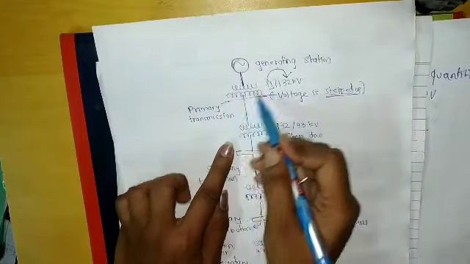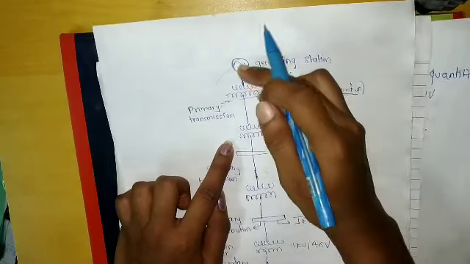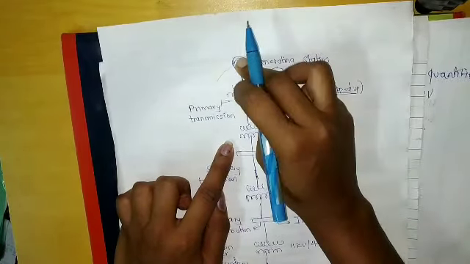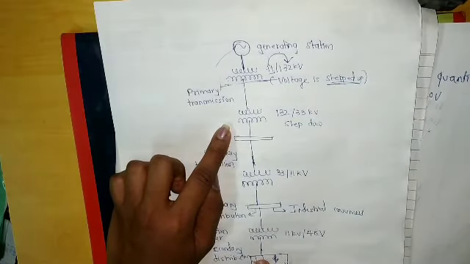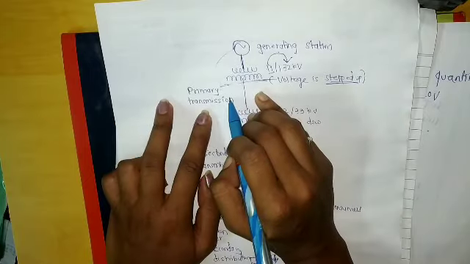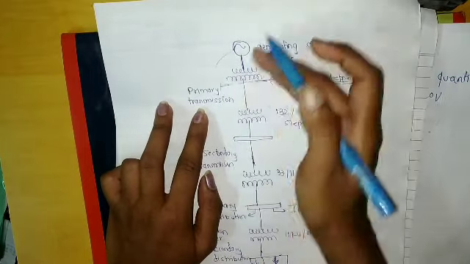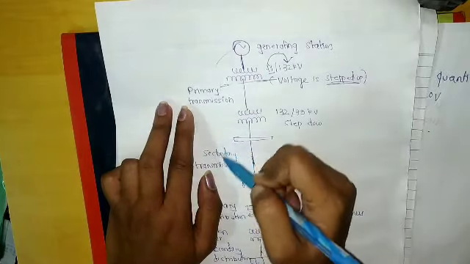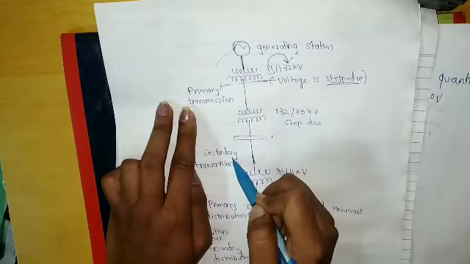So this is the primary transmission, that means we have to transfer the electricity from the generating station to the consumers. For the transmission of electricity, there are two sections, that is primary transmission and secondary transmission.